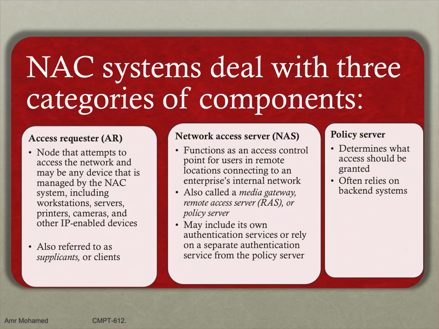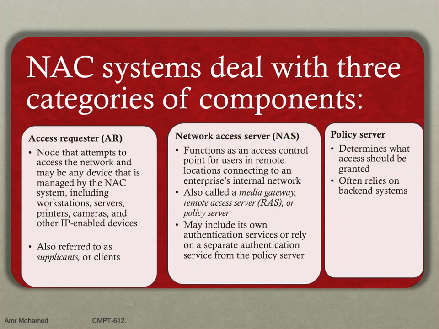The network access server is the entry point, the first entry point that we get connected to, whether physically using an Ethernet port or logically using wireless. So this network access server can be a switch or access point.